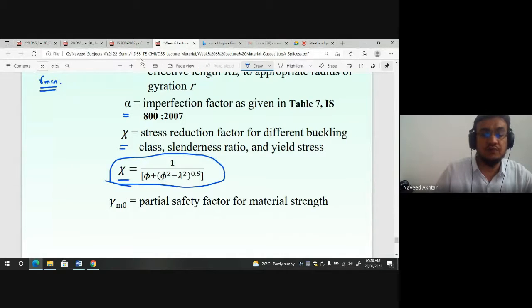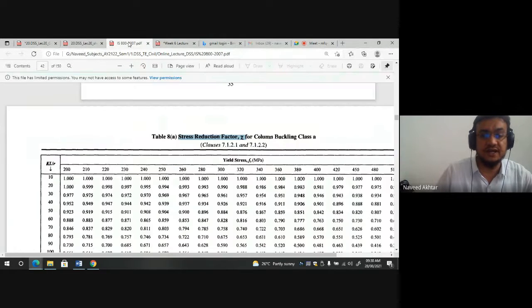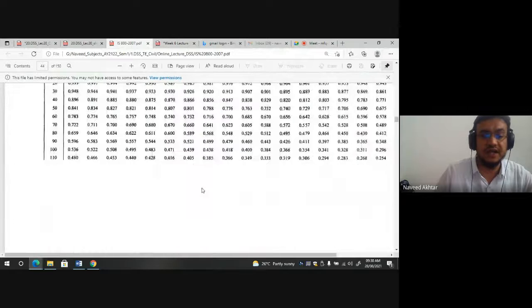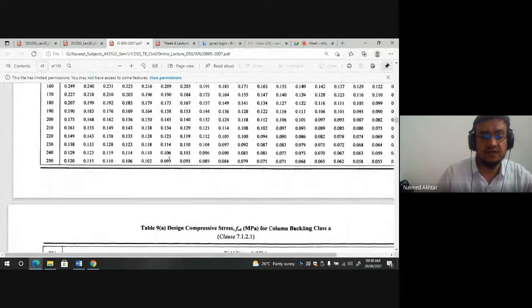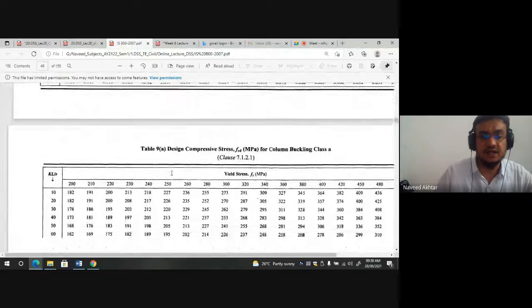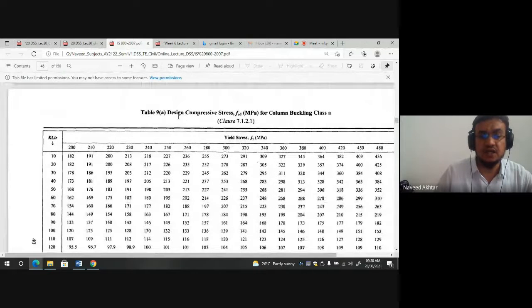Also, if you want to find fcd directly, in Tables 9A, 9B, 9C, from page number 39 to 40, Table 9A gives the design compressive stress fcd. You can find it directly for buckling class A of the section.